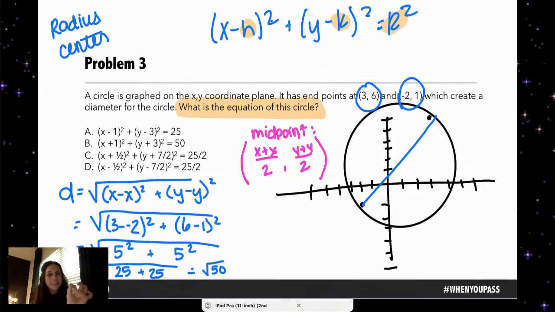So the distance between these two points is the square root of 50. Is that what I need? No, that's the diameter. I need the radius, so I need to divide the square root of 50 by 2.